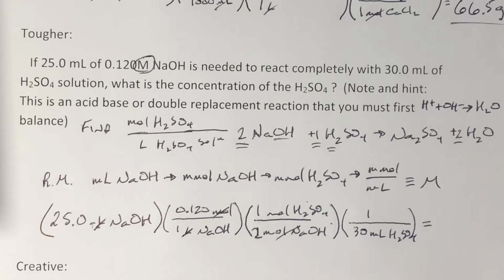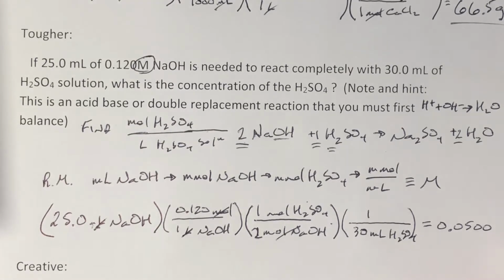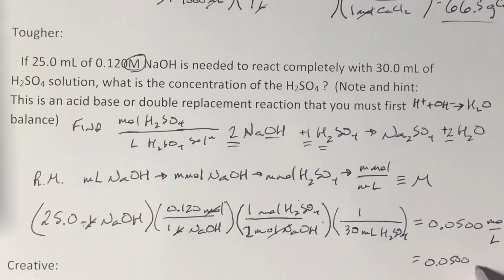All right, when I punch all the buttons in the calculator here, I get 0.05. Again, this is going to be moles of sulfuric acid per liter, which is 0.050 molar.